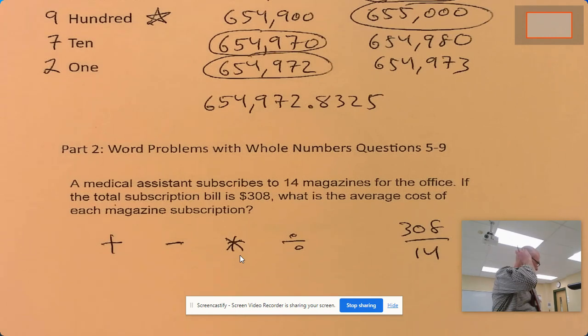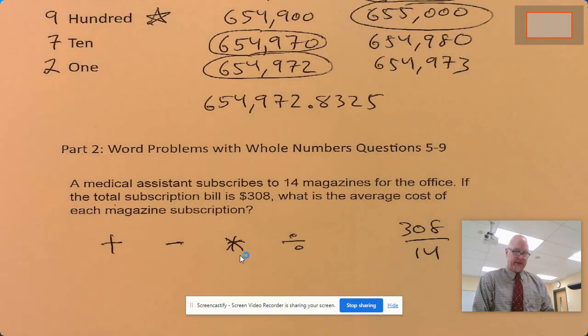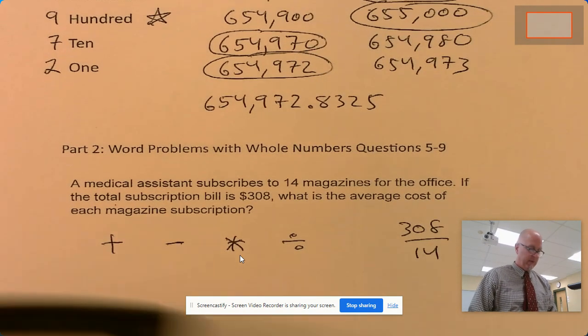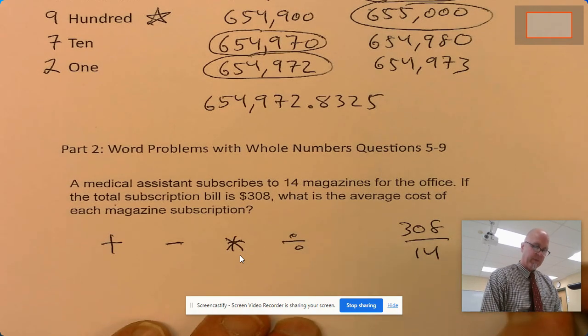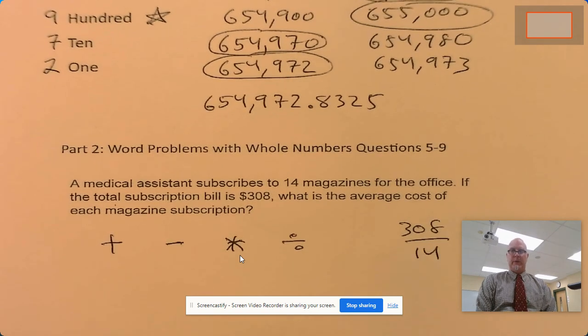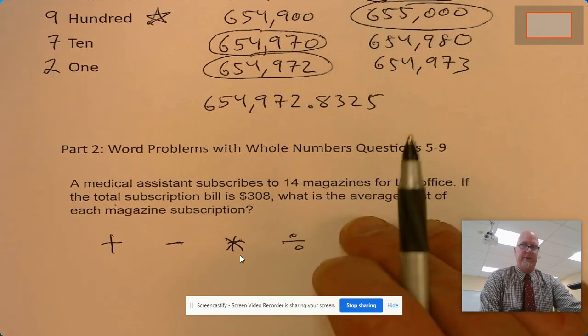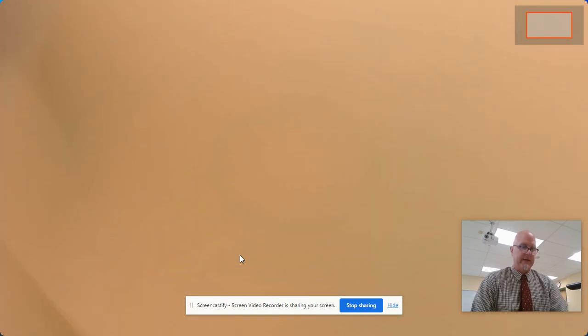I don't have the answer, but let me check it out right here. 308 divided by 14 comes out to 22. So that's our answer for this question. It's division. You'll have to read the questions and see how that all works out.